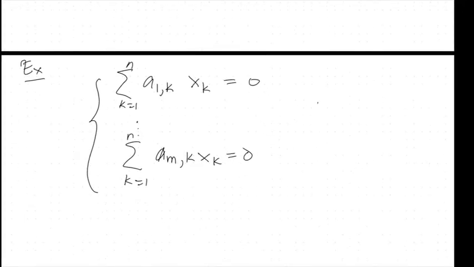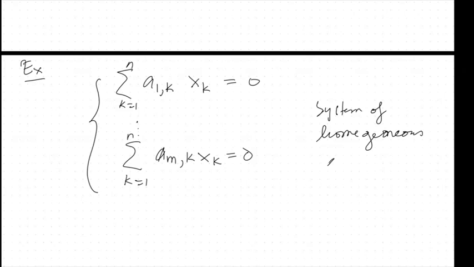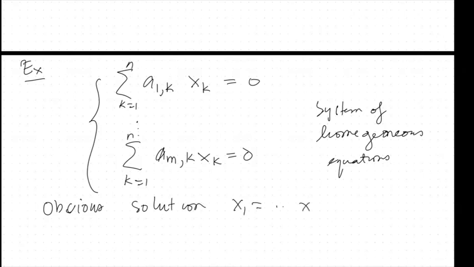So we can think of this as a system of homogeneous linear equations. Obviously, the obvious solution is x_1 up to x_n equal to 0. The question is, are there other solutions?